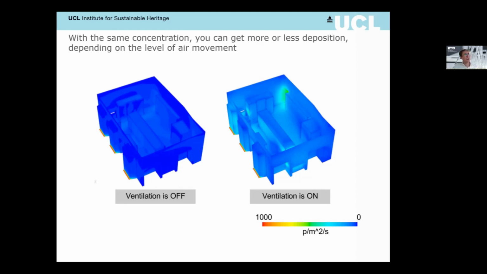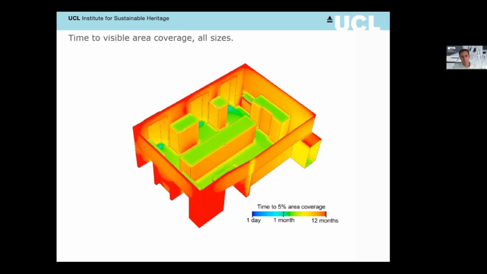So, last slide on the model before I wrap up. It's an image I'm fond of showing, because it shows an alternative way of displaying this kind of result. In the previous slide, I was using this metric of number of particles per square meter per unit time.